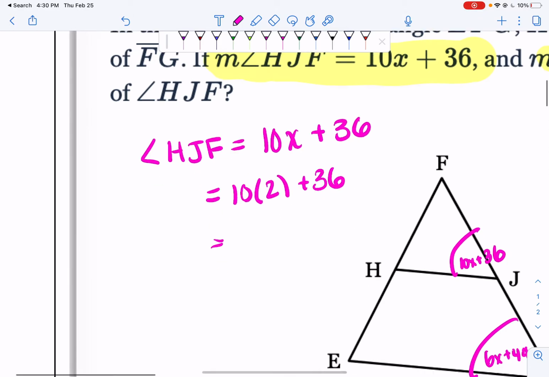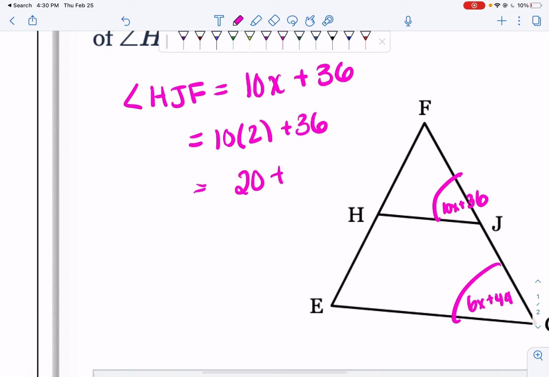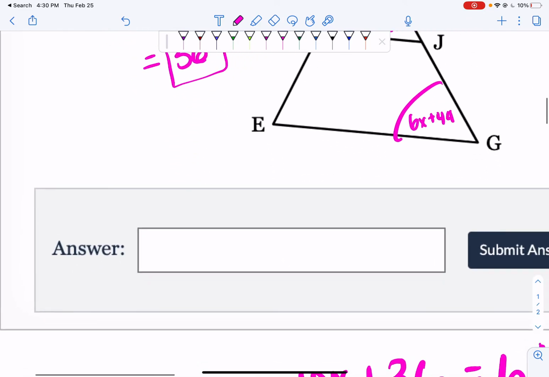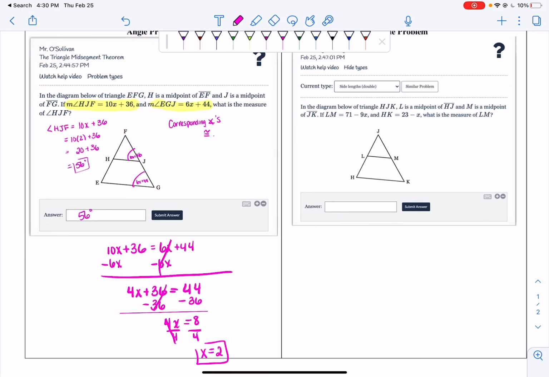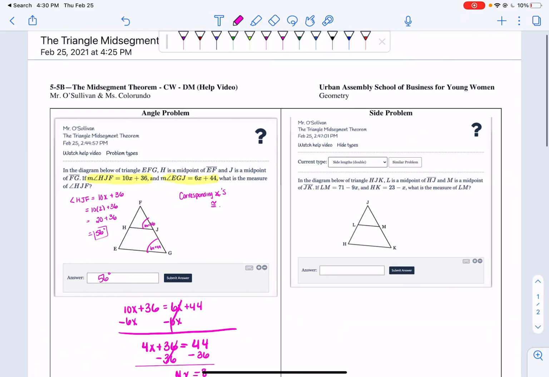Now, what's 10 times 2? It's 20. What's 20 plus 36? It's 56 degrees. So I can say that angle HJF is 56 degrees. You don't have to put the degree symbol on Delta. You can just type in 56. That was an angle problem.